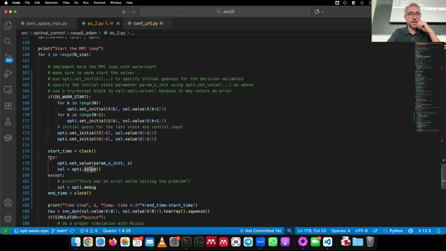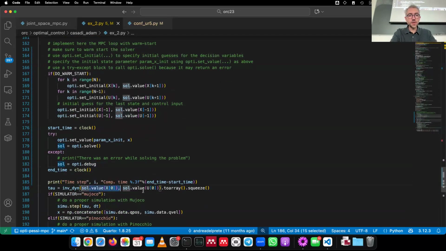We have to call this inside a try except block, because in case the solver raises an exception because it was not able to solve the problem, at least the script doesn't stop. And we can still retrieve the solutions that the solver has computed, even if it's not really a correct solution, by taking this opti.debug object and setting it equal to solve.